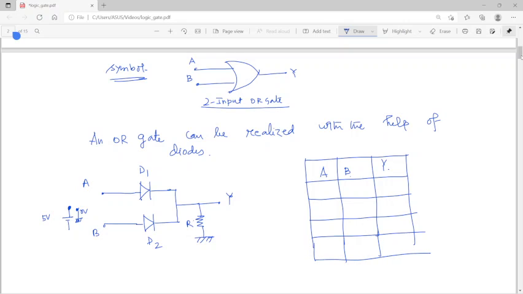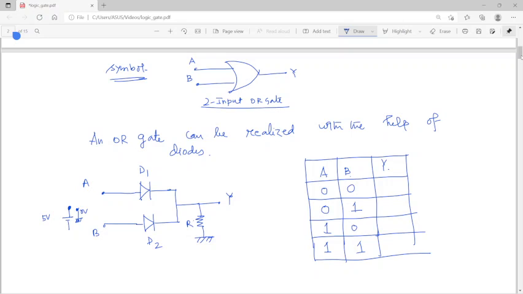When A is 0, that means A is connected to ground, and B is also connected to ground. Another combination is A connected to 0, B connected to 1; A connected to 1, B connected to 0; or A connected to 1 and B connected to 1. Both are connected to the high voltage.